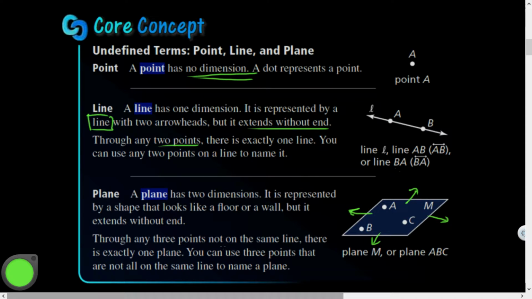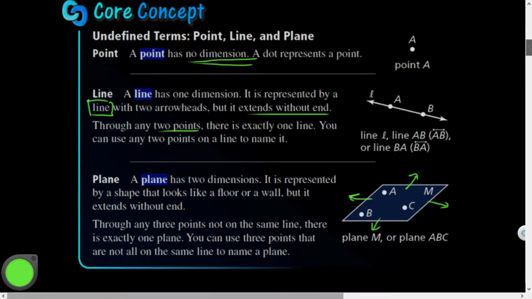Through any 3 points not on the same line, so those points are not collinear, which is the word we'll use later, there is exactly 1 plane. You can use 3 points that are not all on the same line to name a plane.